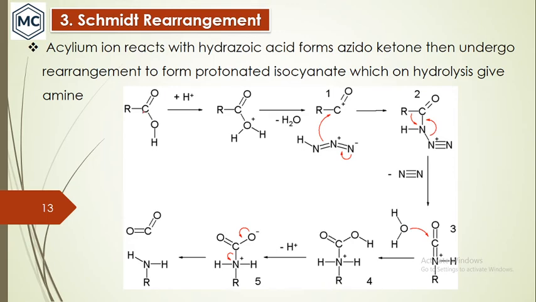First we are starting with carboxylic acid. In the presence of acid, this oxygen lone pair gets protonated, and this is a very good leaving group, hydronium, and it forms an acyl cation, an acyl group, and this is a very good electrophilic center.